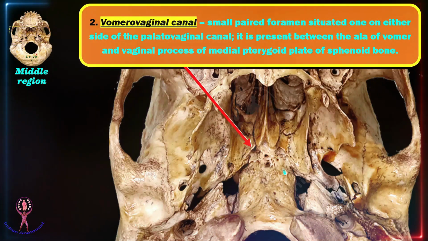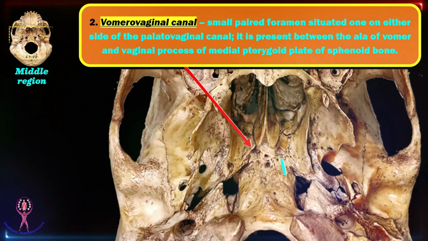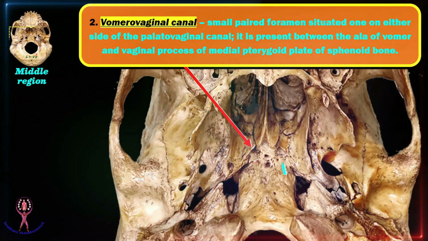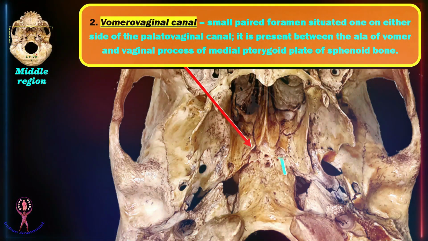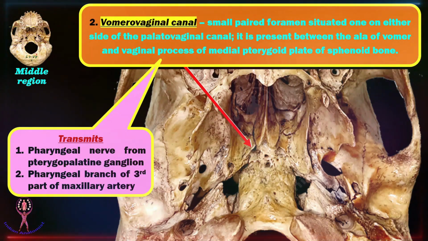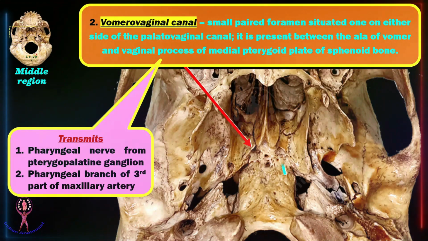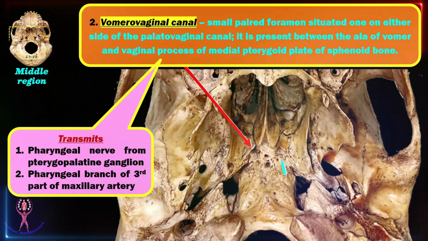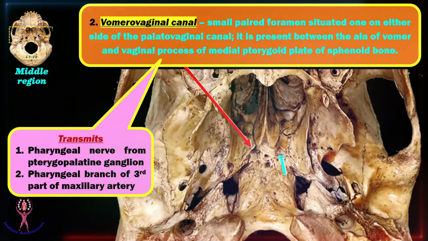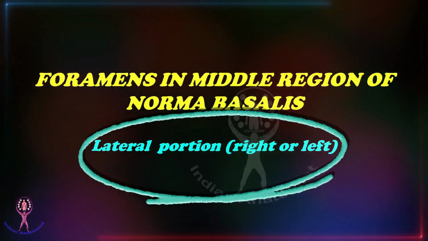It is present between the ala of vomer and vaginal process of medial pterygoid plate of sphenoid bone. The palatovaginal canal is shown in the light blue color arrow mark. The vomerovaginal canal transmits again two structures: the pharyngeal nerve from pterygopalatine ganglion and pharyngeal branch of the third part of maxillary artery.